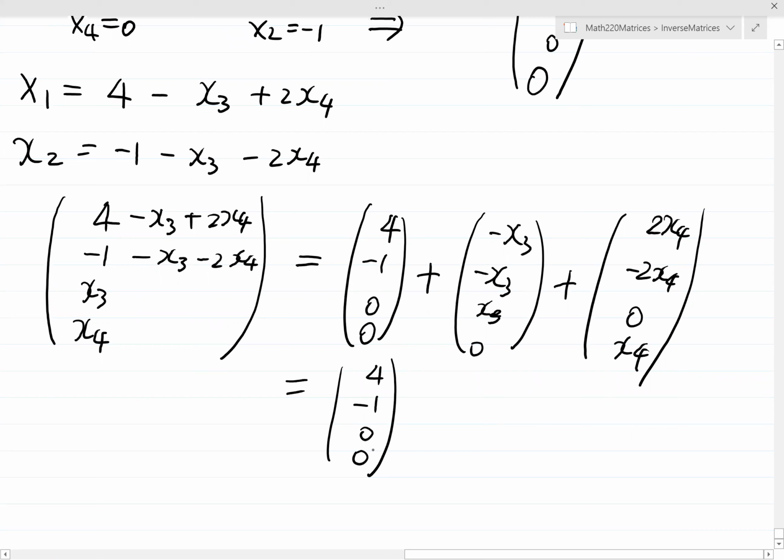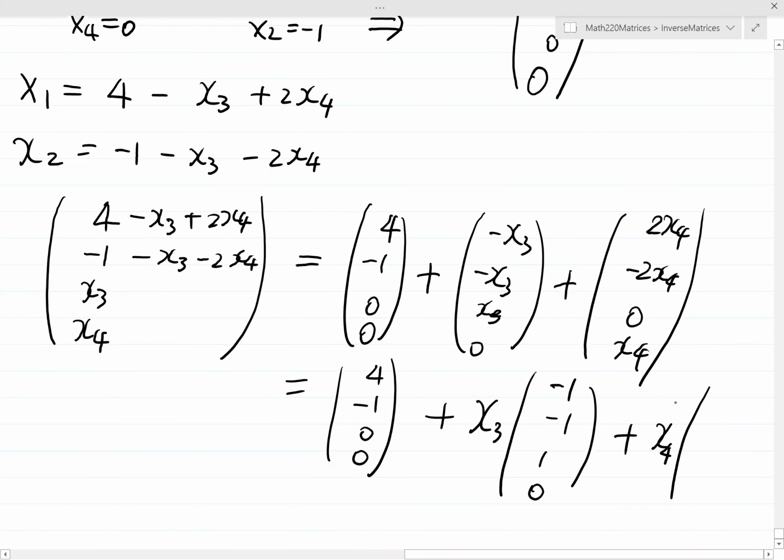This is the special solution, (4, negative 1, 0, 0). Then the null space is spanned by (negative 1, 1, 1, 0) and another vector, (2, negative 2, 0, 1).